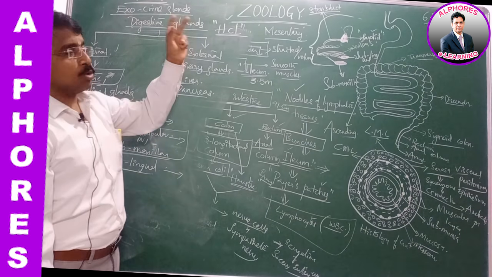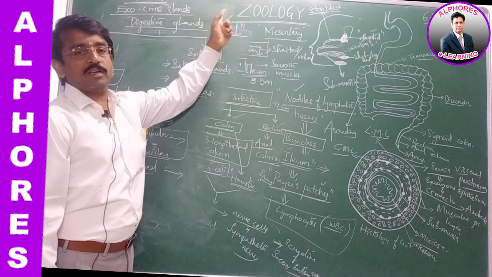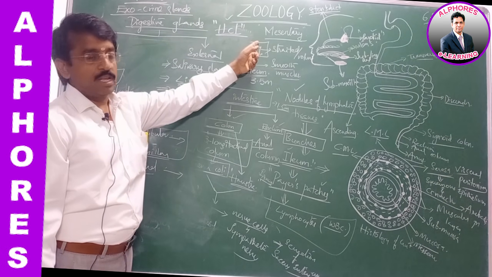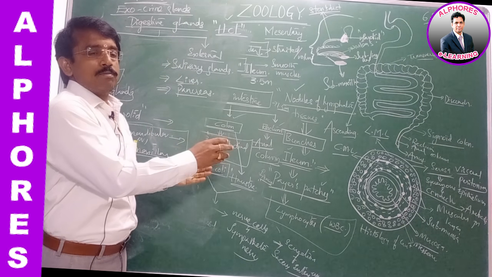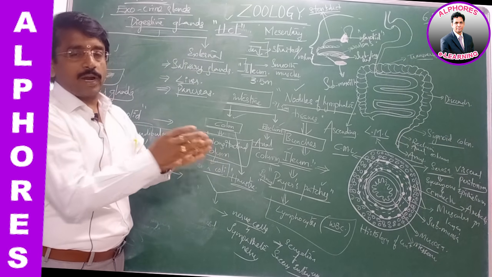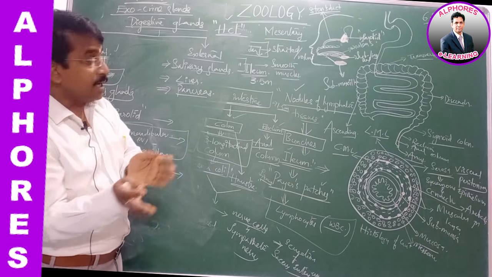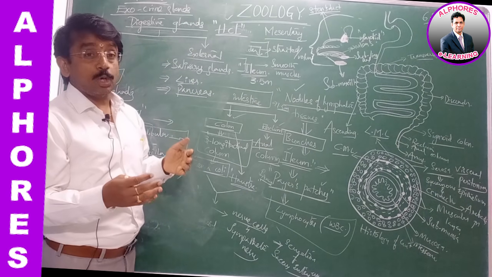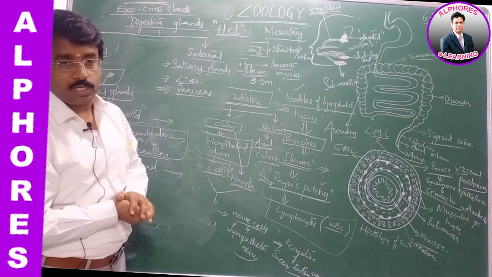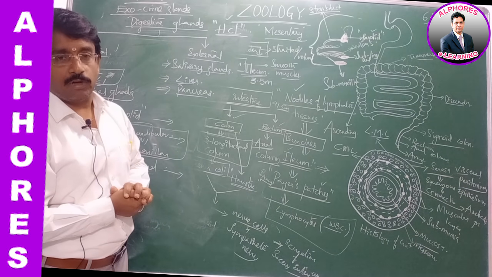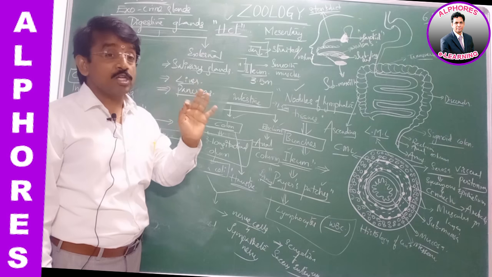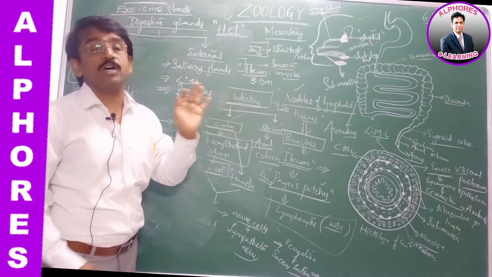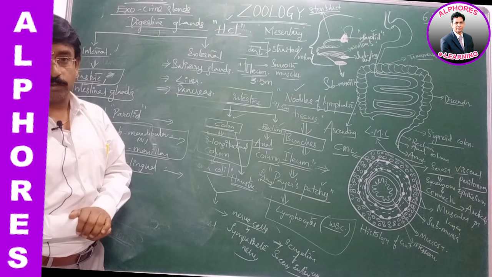So this is the functional role of the HCl and the calcium intrinsic factor. HCl is an enzyme activator, converting inactive pepsinogen into active pepsin, and the prorenin is also an inactive enzyme which is converted into active renin. Basically, infants have the renin enzyme, which is not seen in the adult.